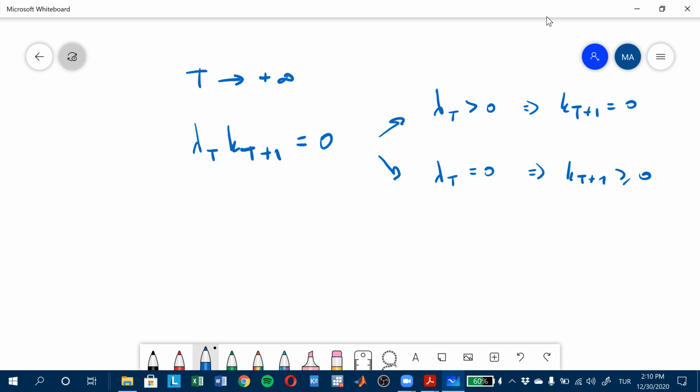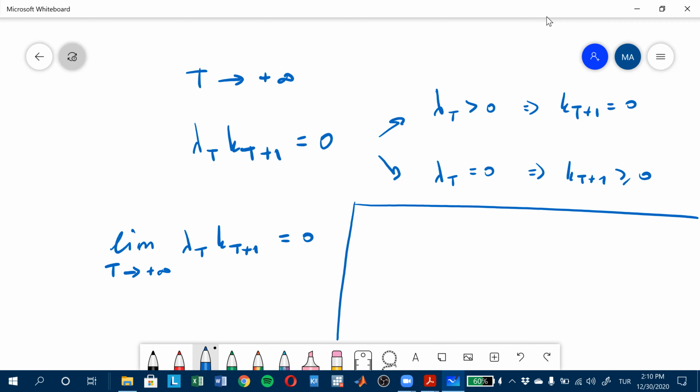So how does this change when t goes to positive infinity? Then obviously we take the limit. Right? I mean, we just take the limit. Okay? And that's it. Then you have still the same first order conditions. All right, so what are they? Well, you have beta t, u prime ct equals lambda t equals lambda t plus 1, f prime kt plus 1.